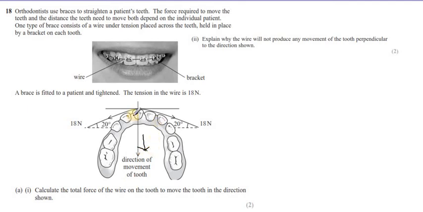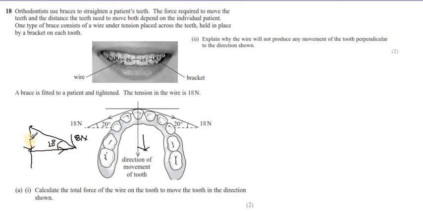So if you consider only half of the diagram, so you can say that you have tension 18 Newton, and you can resolve its two components. Till here you have downward component, rightward component, and this angle is 20 degree.